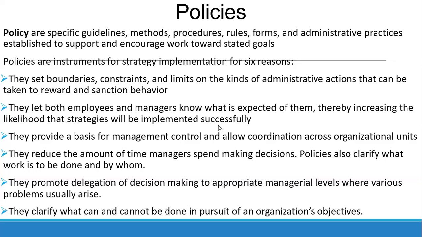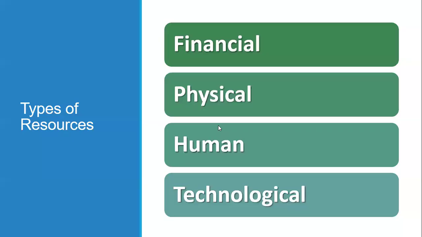That is, it will set the boundaries that will indicate that a particular behavioral outcome will be rewarded or entertained, while certain behavioral outcomes will be sanctioned. So as much as possible, policies and their programs must also be available.